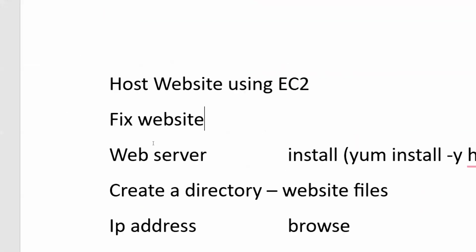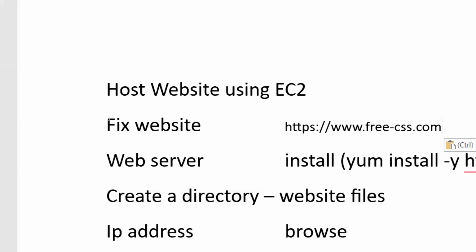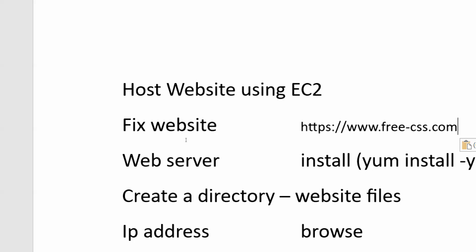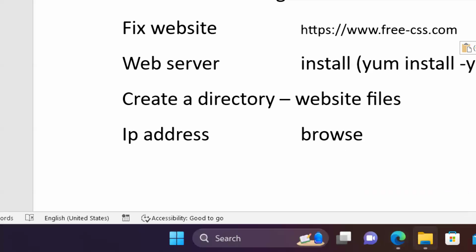You first decide the website you want to host here. I have depended upon this www.free-css.com website. From here, I am getting a website, and I will host that in my EC2 web server.